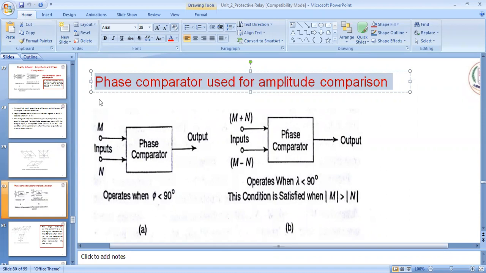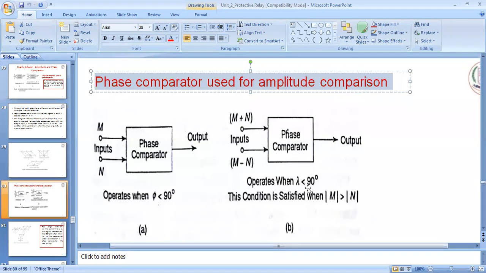As I've already mentioned, how amplitude comparators can be converted to a phase comparator with the help of changing the input, similarly here the phase comparator is going to work as an amplitude comparator with the variation of input M plus N and M minus N.